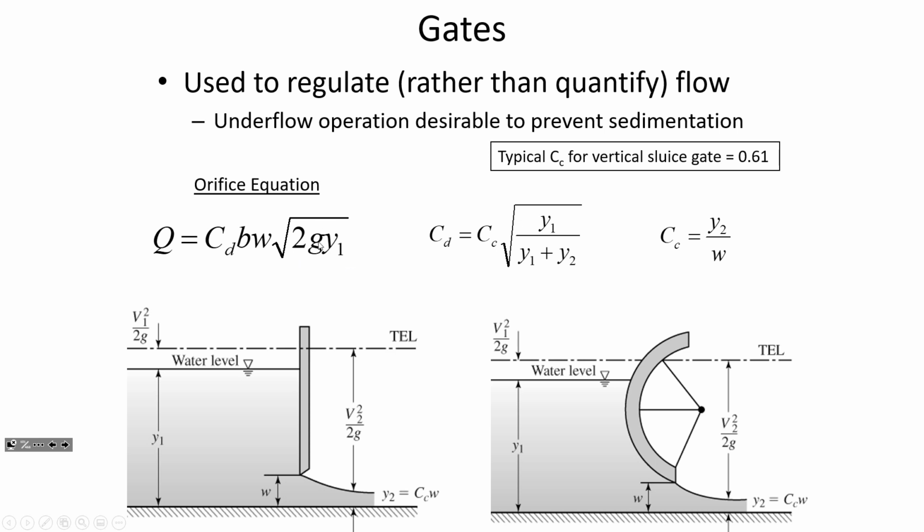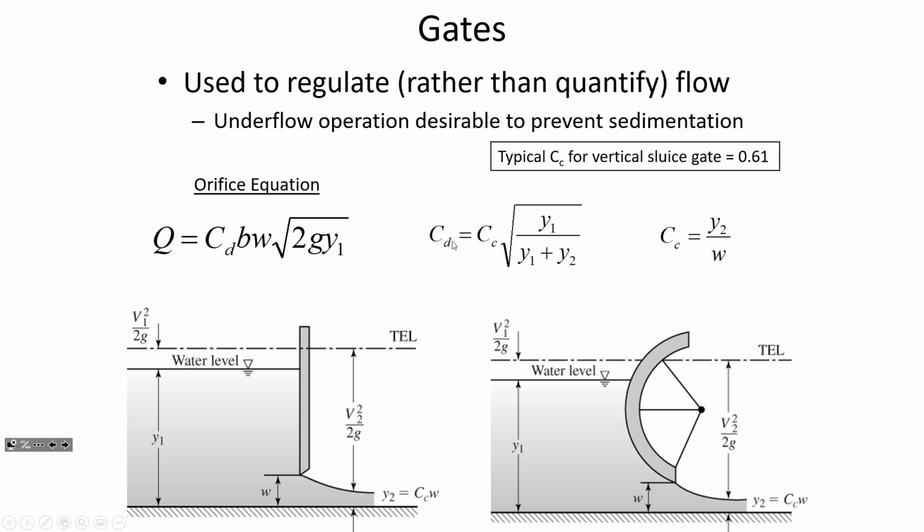Now here, we're just saying the upstream depth is the height of the water, and so we're using this term to give us the velocity, multiplying it by the width, and now we've got velocity times width, the width and the height is an area together. So velocity times area gives you flow rate, and then the coefficient of discharge takes into account the energy losses that arise in part because of the contraction.